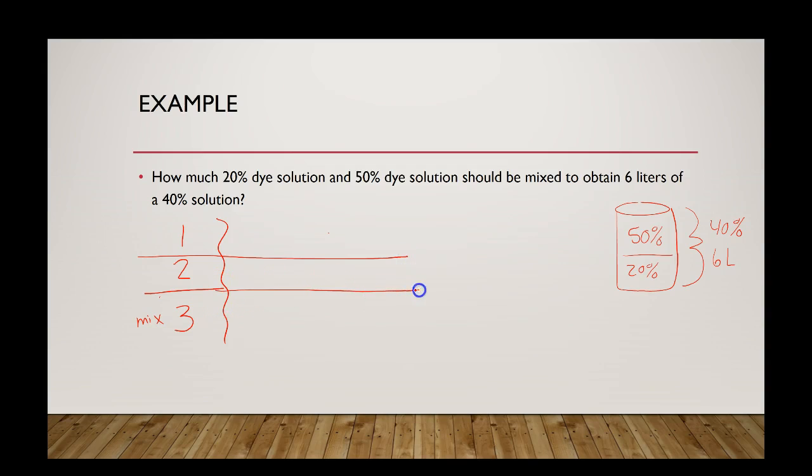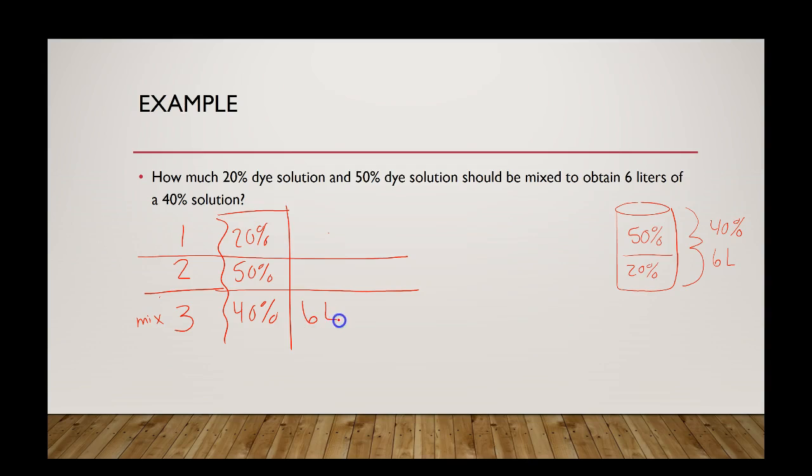What we're talking about will change, but I'm always going to have one thing plus another thing, mix it together, and get your third and final. In this case, we're talking about 20%, 50%, and then our mixture, which is 40%.